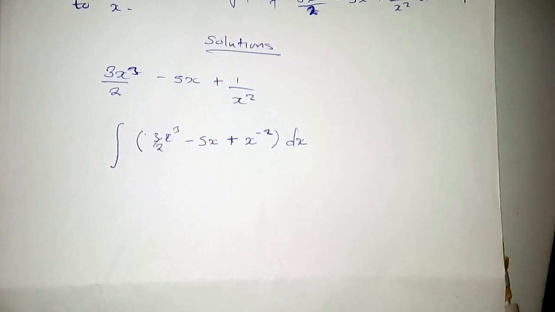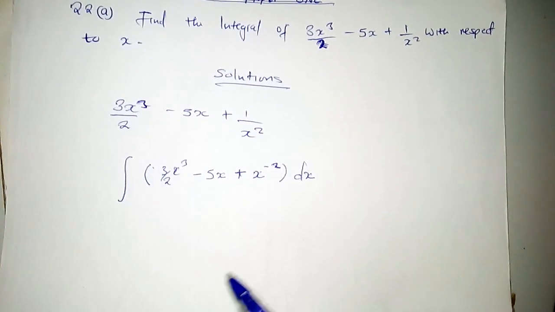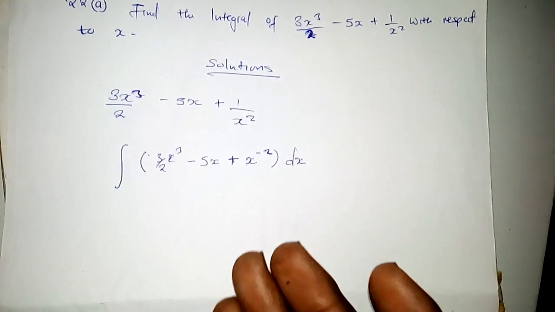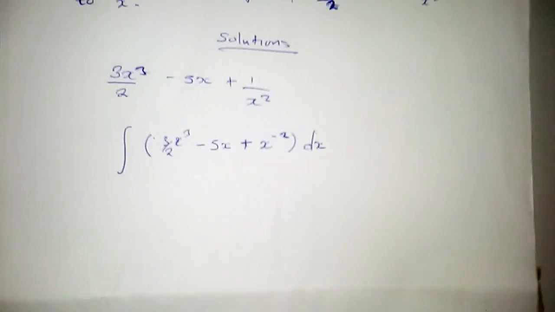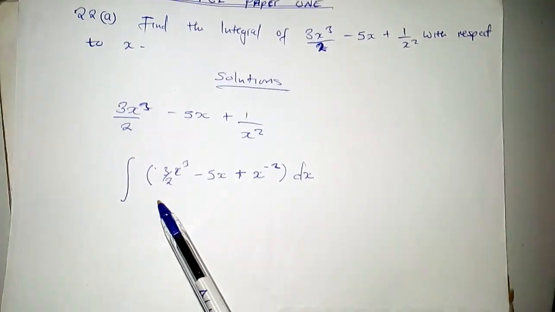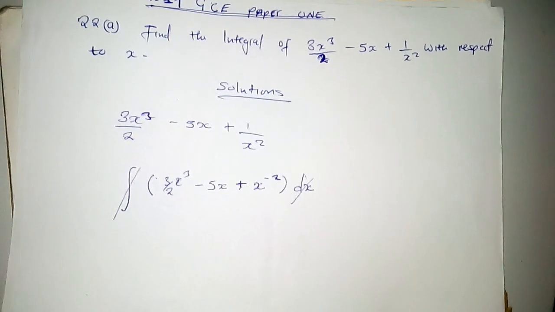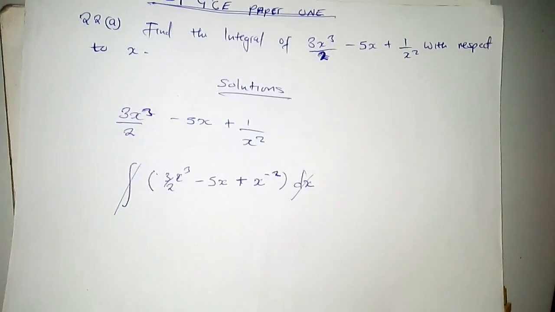Then from there, what am I going to do? I'm now going to solve this with respect to x. So I'm going to separate this one. What am I going to remain with?